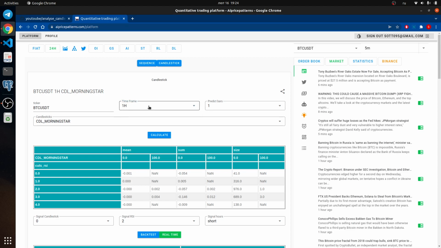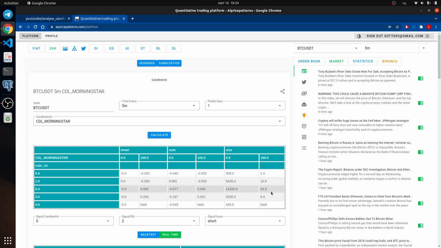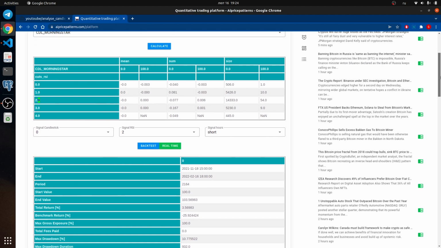Let's analyze the situation for the 5 minute bar. Okay, for example, we have 54 situations with RCI 2, but we haven't any good results. Let's check it.